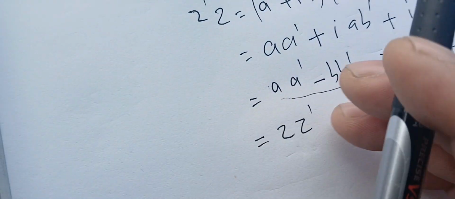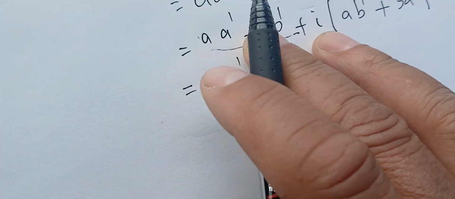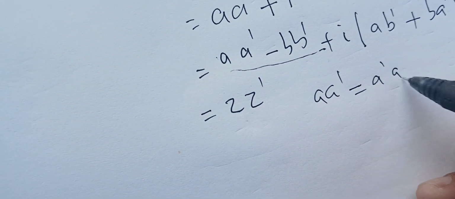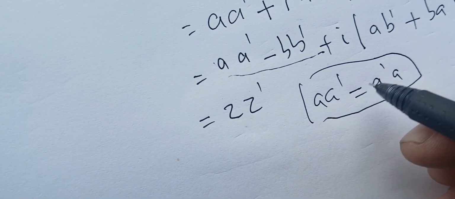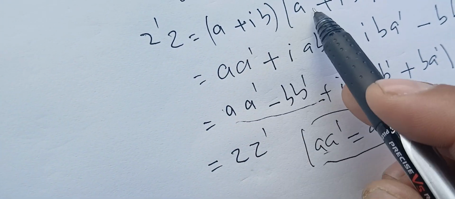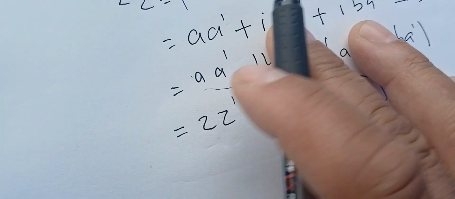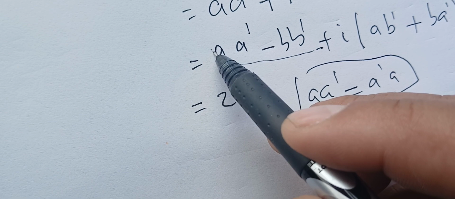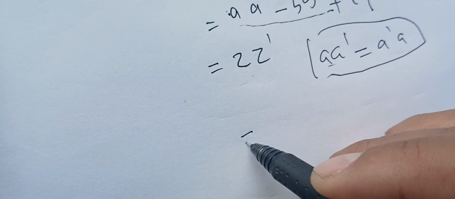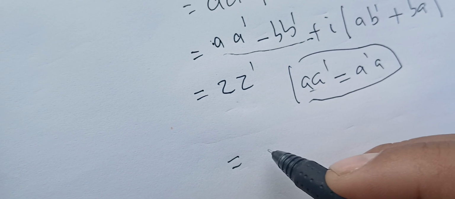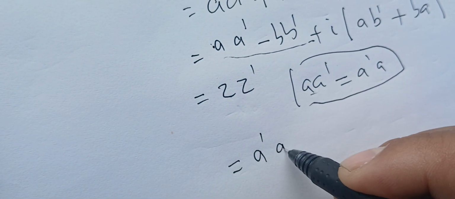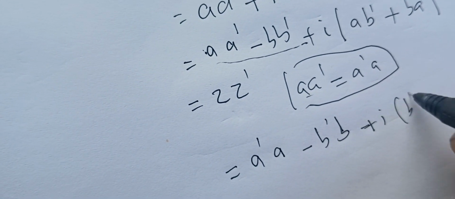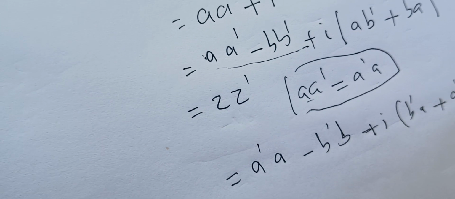To do it fully, if you want to be careful, we get a prime a minus b prime b plus i times b prime a plus a prime b.